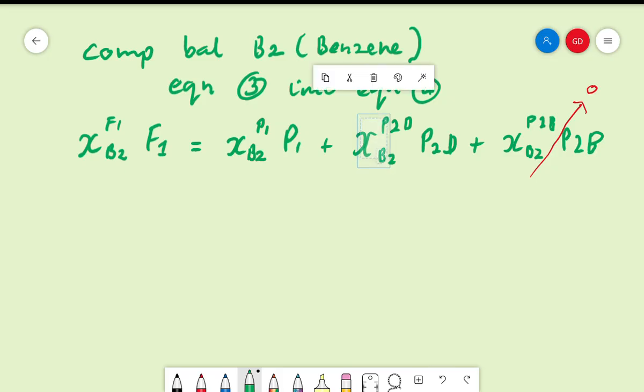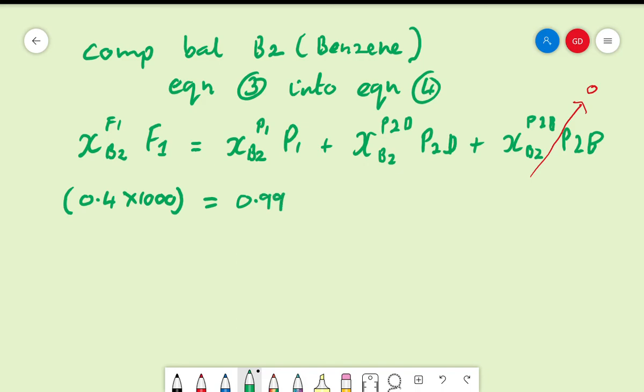Let's just remove that. So now in the F stream, benzene is 0.4 multiplied by the total, which is 1000 of F1, equivalent to 0.99. That's the composition of benzene in P1.